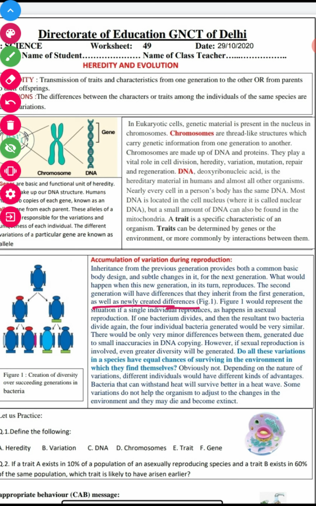As I told you, they have the same basic body design, but maybe due to mutation, maybe due to environmental conditions, or maybe due to some other reason, they have little changes during the creation of a new generation, or the formation of new offspring.